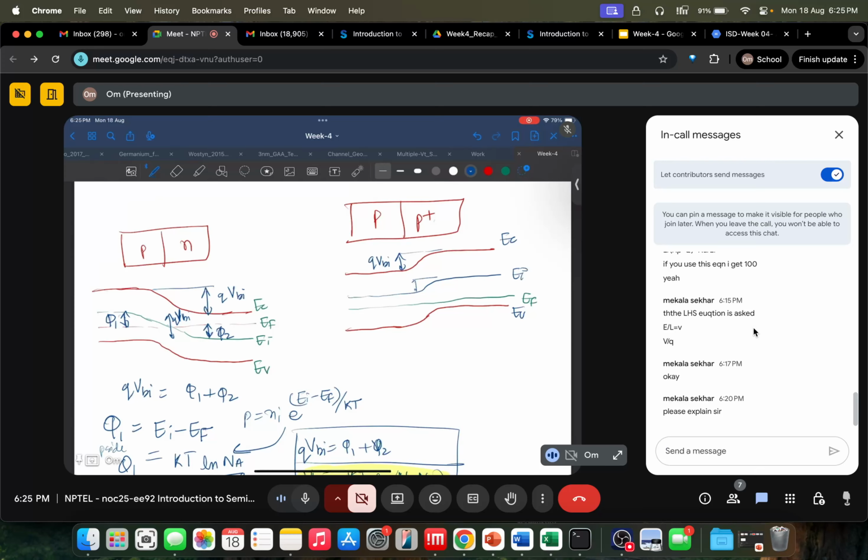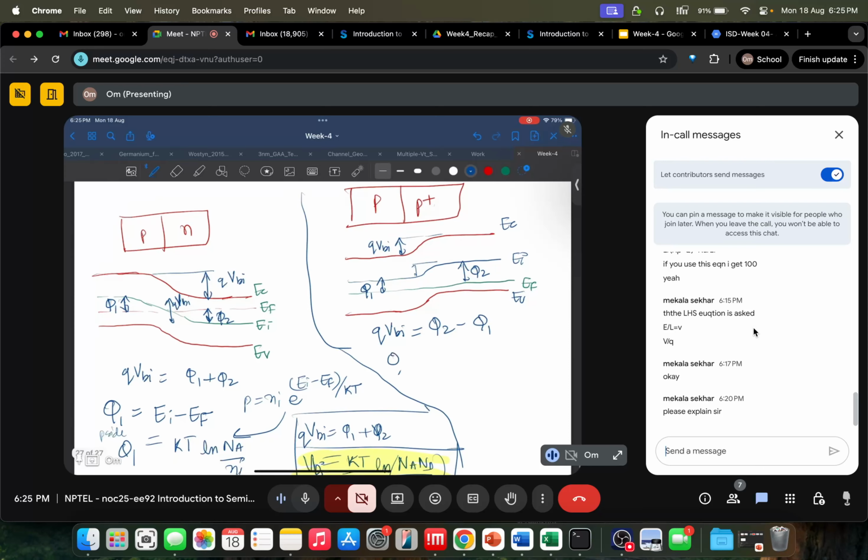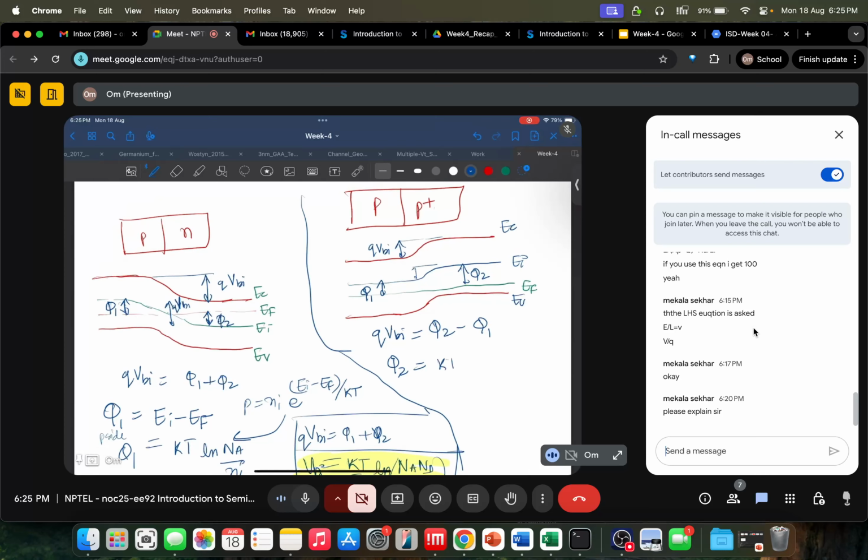So this we can find by, let's say this is phi 1, this is phi 2. Now here QVBI will be phi 2 minus phi 1. So phi 2 will be KT ln Na2 by ni.